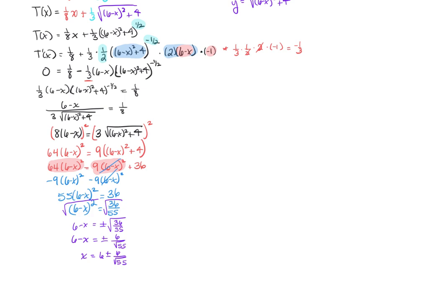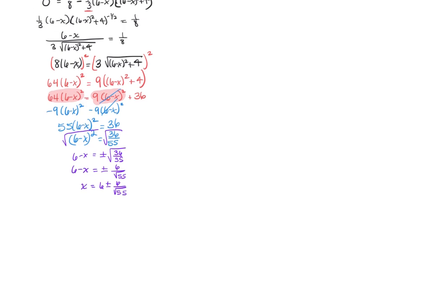We're going to get two positive values when we plug them in. So let's see what those look like. x equals either 6 plus 6 over the root of 55, or x equals 6 minus 6 over the root of 55.